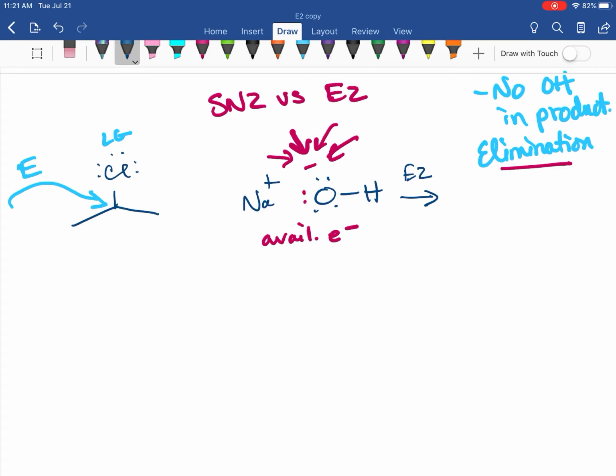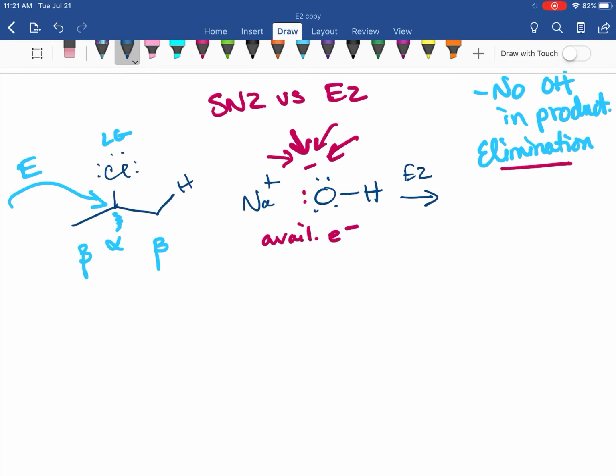Okay, this is so exciting. But what actually happens in an elimination reaction is that we're not going to look at the carbon that is the electrophile, but at what's called a beta. So we're going to call this alpha, beta. This is our spacing.